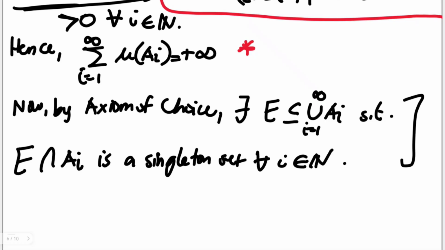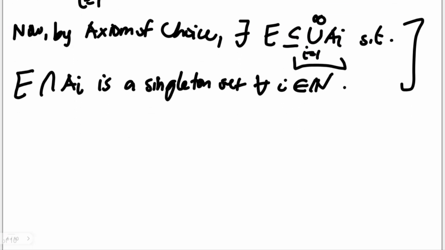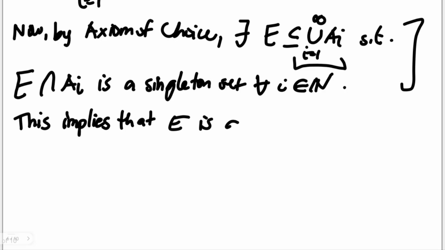Why do we need this? Because once we're able to introduce this, this implies that E is also an infinite set. Why is that so?